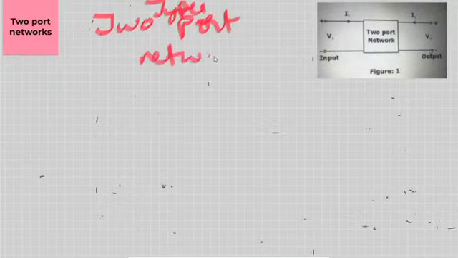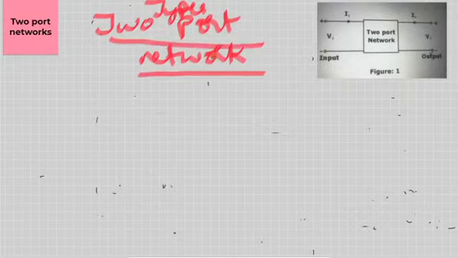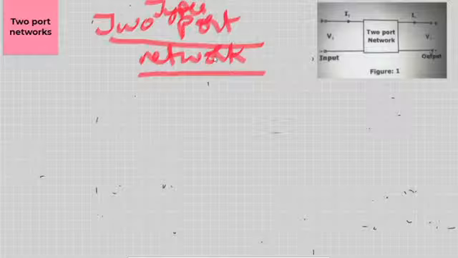So till now I was telling you why we need to go for two-port networks, the purpose of two-port networks, and what is involved in two-port networks. In two-port networks, if you can see here, there are electrical parameters V1, I1, V2, I2.